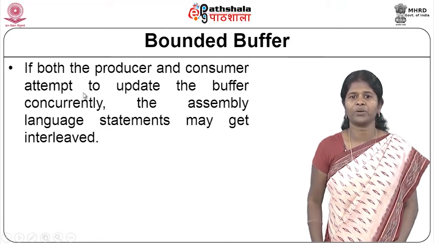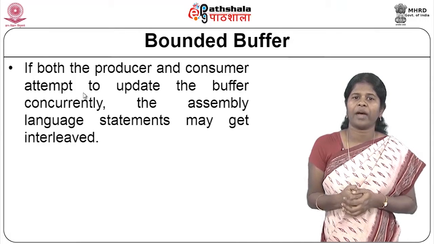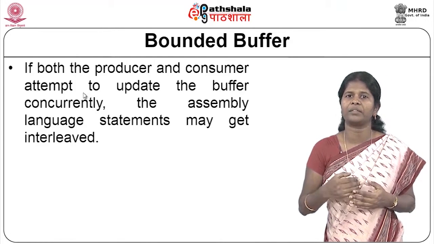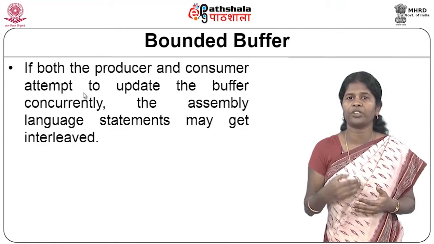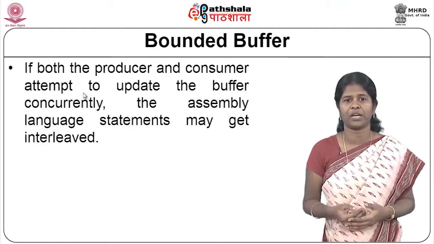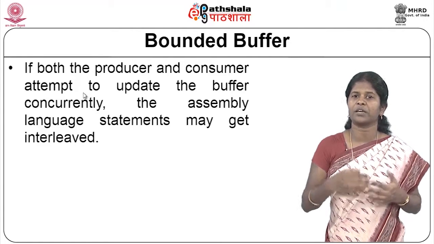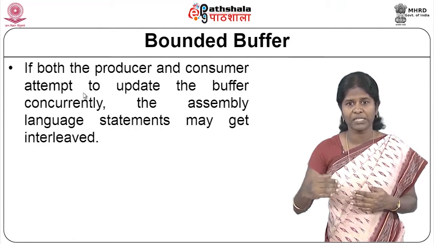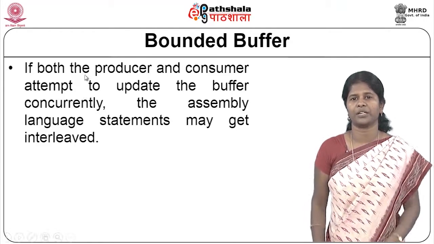Even though the producer and the consumer are 2 different processes, if they try to update this counter concurrently at the same time, it is quite possible that the assembly language statements corresponding to that one statement, counter plus plus or counter minus minus, can get interleaved.